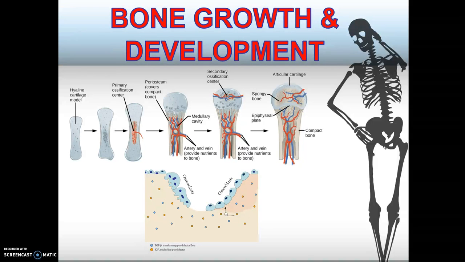Bone growth and development. Long bones continue to lengthen until an individual hits puberty. As well as this, they also increase in width. Lengthening of long bones. Chondrocytes on the epiphyseal side of the plate divide. One cell stays undifferentiated near the epiphysis, and one cell moves towards the diaphysis.